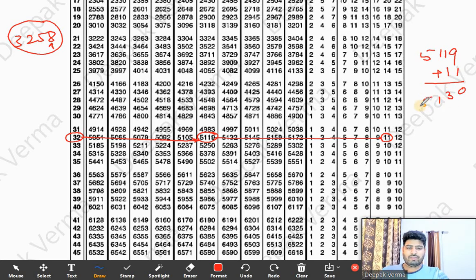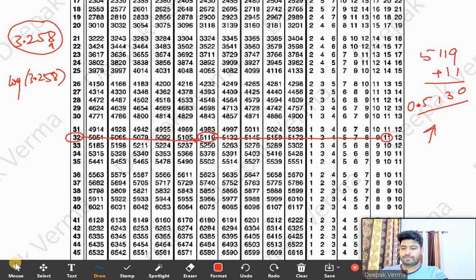Got it? And we will put a decimal here. So 0.5130. This will be our answer. That is, if we have to find the log of 3.258, then the answer will be 0.5130. Hope it is clear.